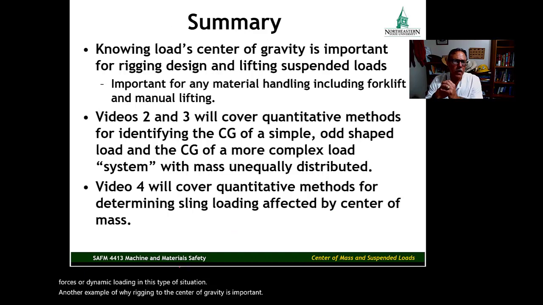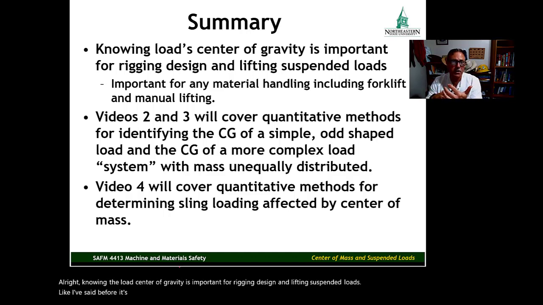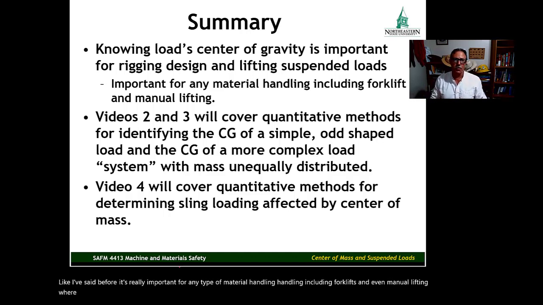All right, knowing the load center of gravity is important for rigging design and lifting suspended loads. Like I've said before, it's really important for any type of material handling, including forklifts and even manual lifting where workers are picking up boxes or crates manually.